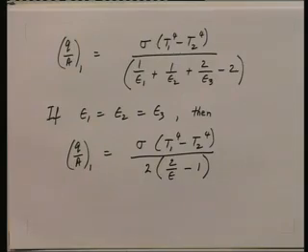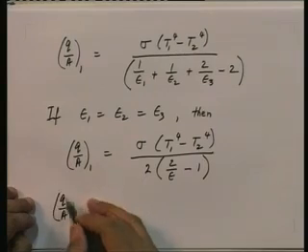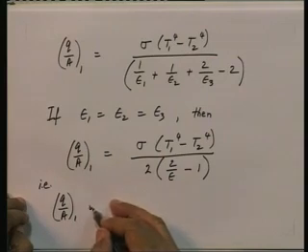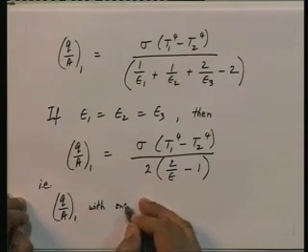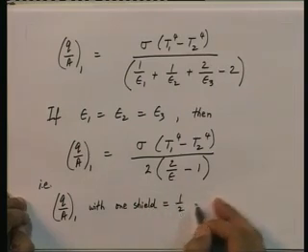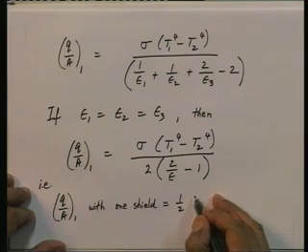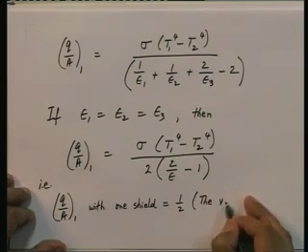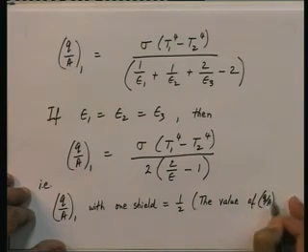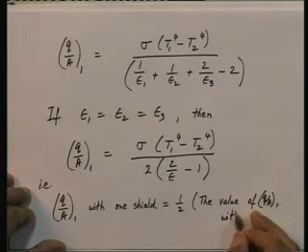What you have got really is, if the epsilons are all equal, what in effect you are saying is q by a 1 with one shield is equal to half the value of q by a 1 without a shield.